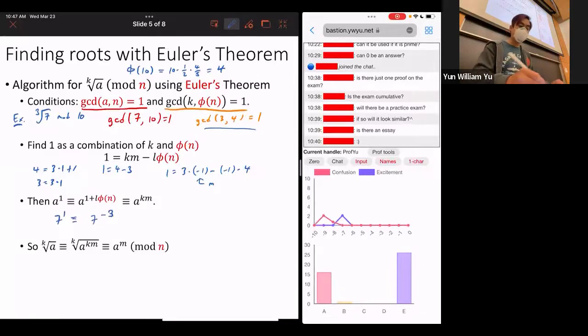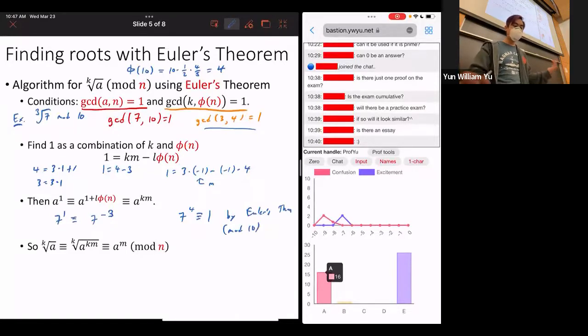And this ought to make sense because we know that 7 to the 4 is congruent to 1, by Euler's theorem. This is mod 10. So from that, it ought to make sense that you can subtract 4 from the exponent 1, and you get 7 to the 1 is congruent to 7 to the minus 3.